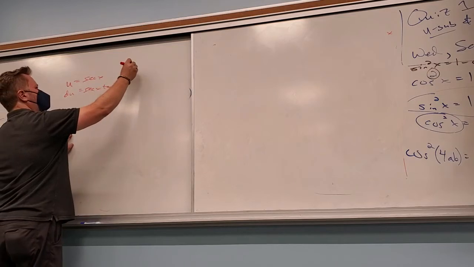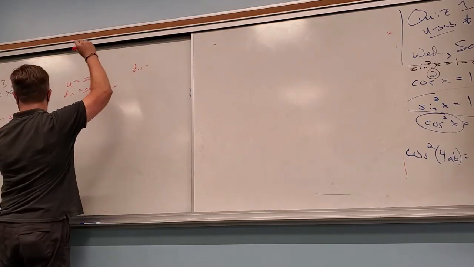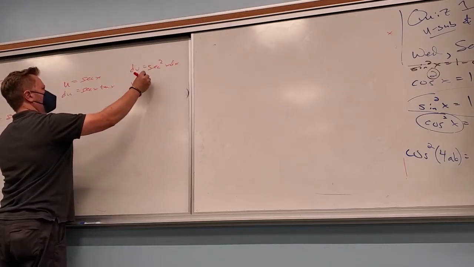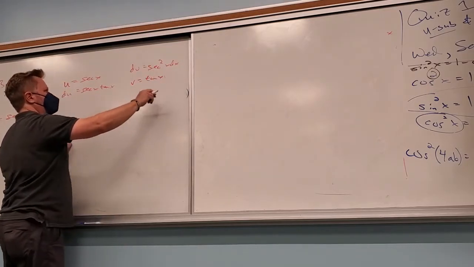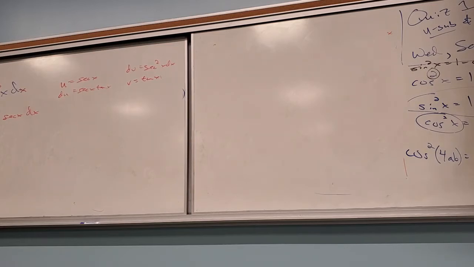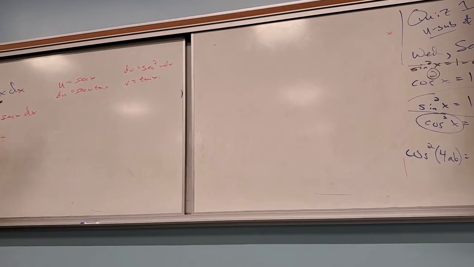And then dv is secant squared, so then v is tangent. So this is what we did a minute ago. Let's see if now, stopping to think about what if we had this come back to us. So secant tangent minus the integral of tangent. This is where we ended up last time.